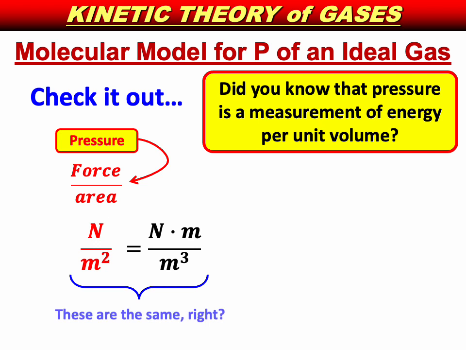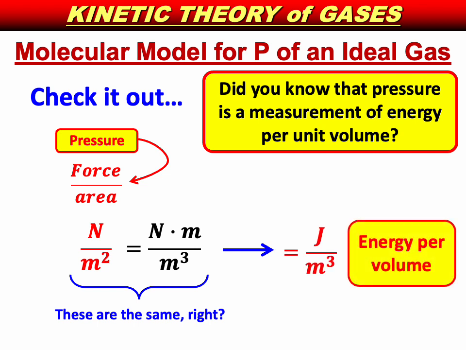Those are equivalent. Wait a second. m cubed, well, if m squared is area, m cubed is something else. I think you know what that is. And I'll bet you some of you remember what a newton times a meter is. Starts with a J. That's right, it's a joule. So a newton per meter squared, what we measure pressure in, can also be measured in joules per meter cubed.